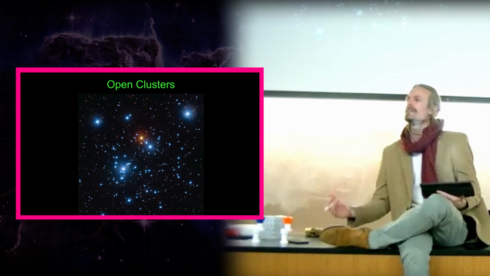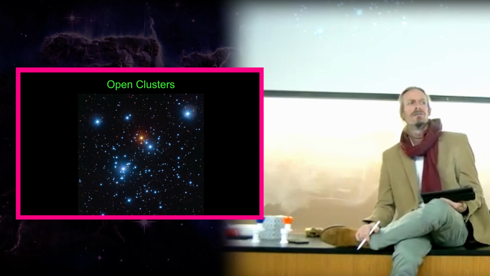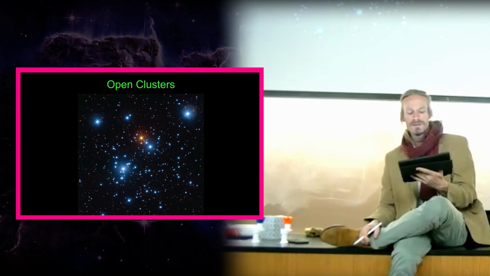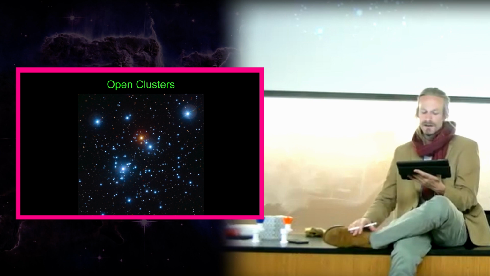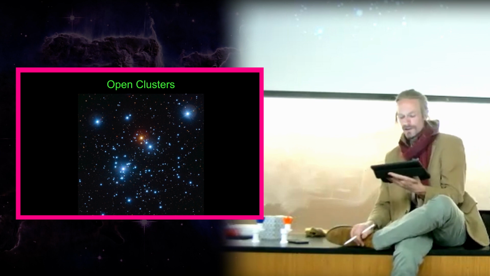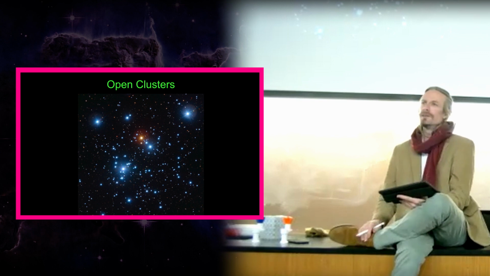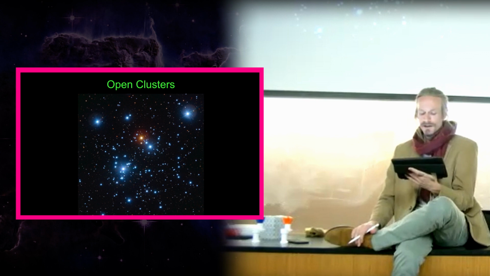But they tend to be associated with the clouds in which they are formed. There tends to be a lot of material still lying around from the early days of these stars' formation. So we think that there's still star formation going on in there. And there's actually thousands of these open clusters. This is what we see mostly.